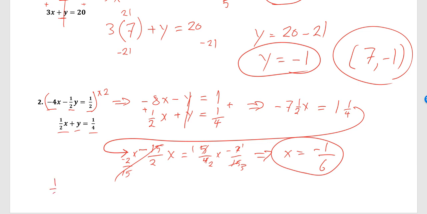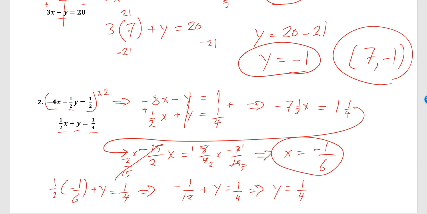So 1/2 of minus 1/6 plus y equals 1/4. So 2 times 6 is 1 over 12. So minus 1 over 12 plus y equals 1/4. So y equals 1/4 plus 1 over 12.